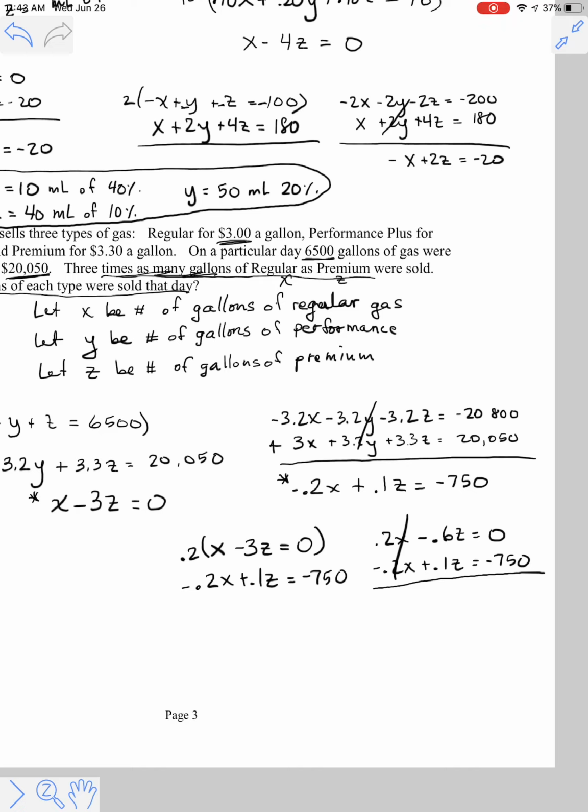Now x cancels, and I get negative 0.5z equals negative 750. So divide by 0.5 and I get z equals 1,500.